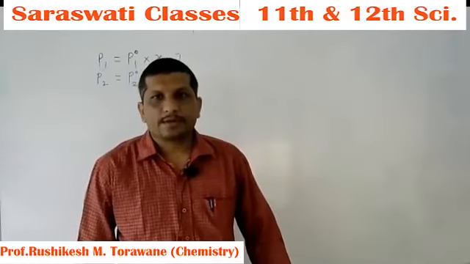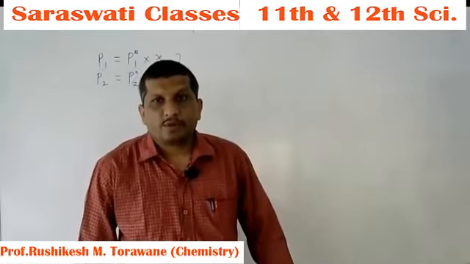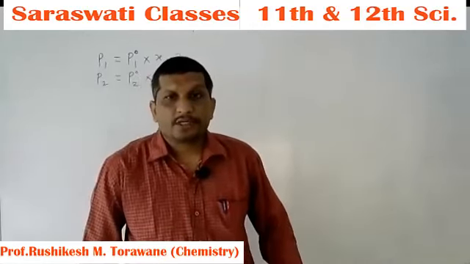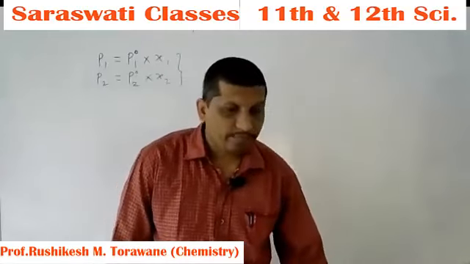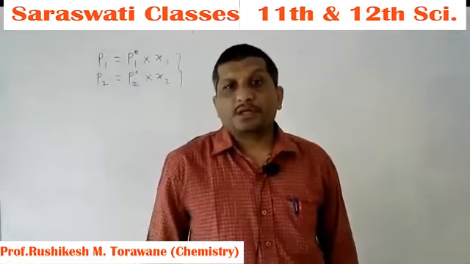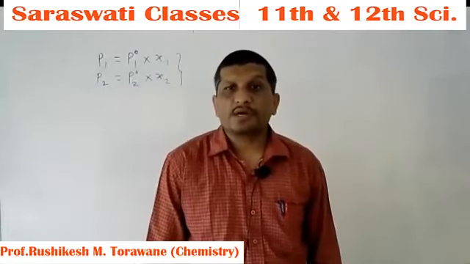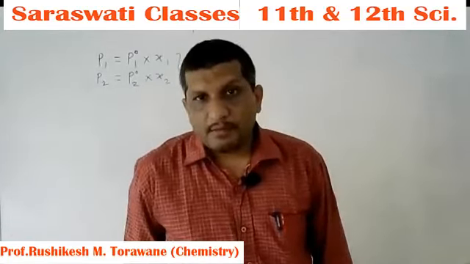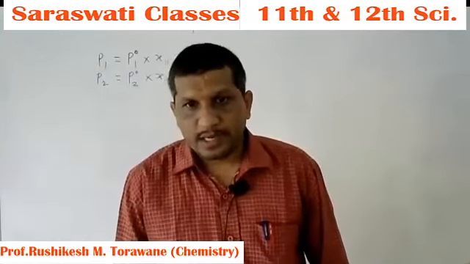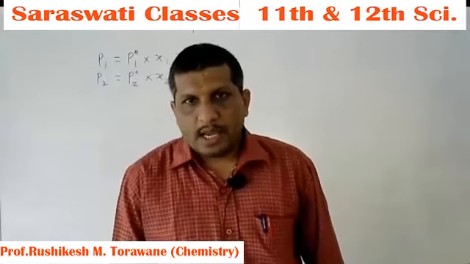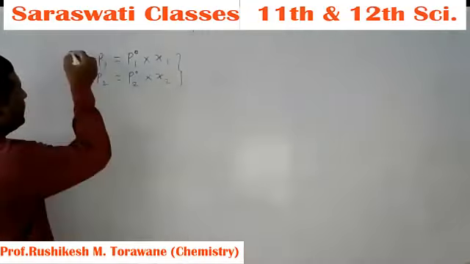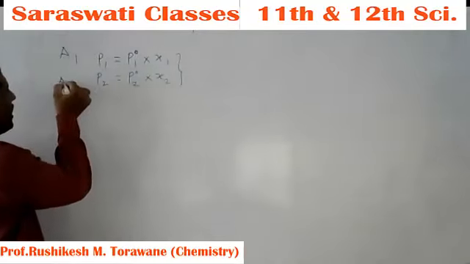We can say again, the statement of Raoult's law says that the partial vapor pressure of a component is the product of the vapor pressure of the pure component multiplied by the mole fraction in the solution. This is explained by components A1 and A2.